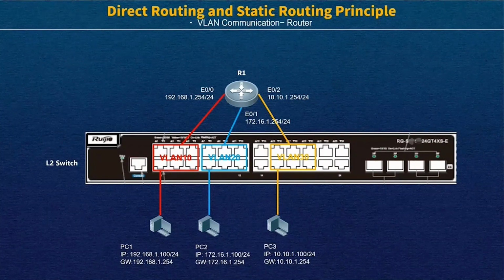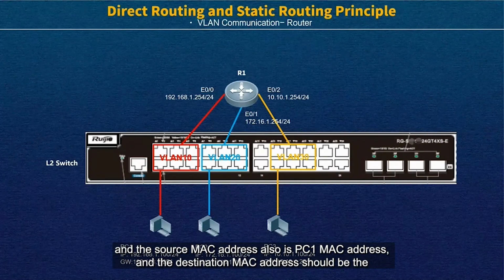And now let's see the process. If PC1 wants to send a message out, the source IP address is 192.168.1.100, and the destination IP address is PC2, 172.16.1.100.